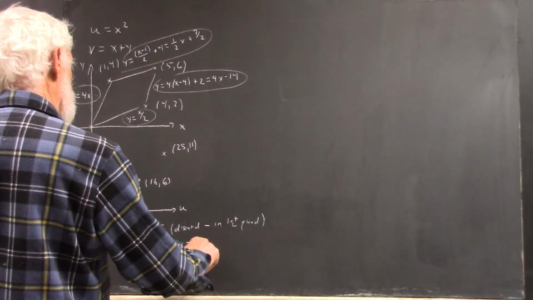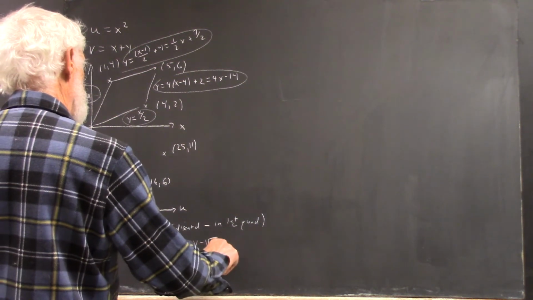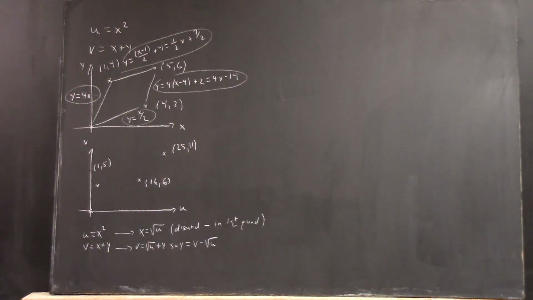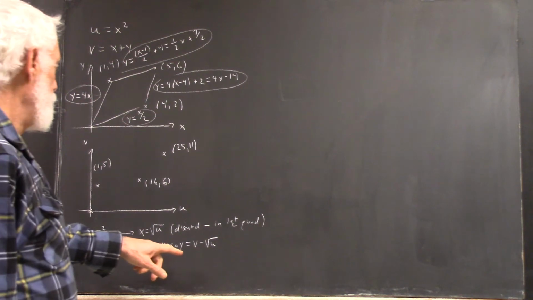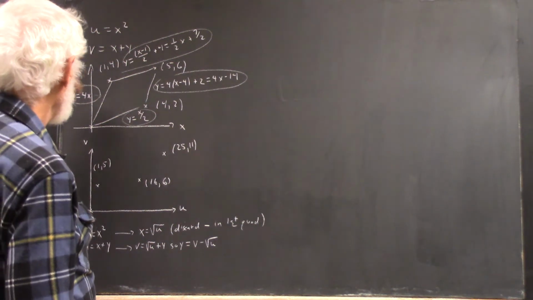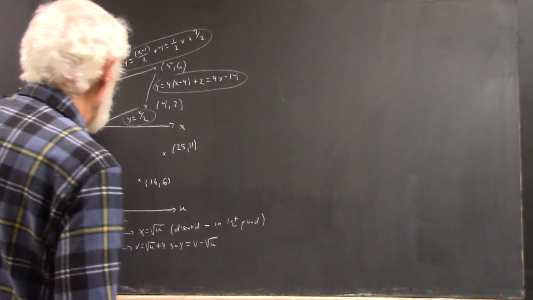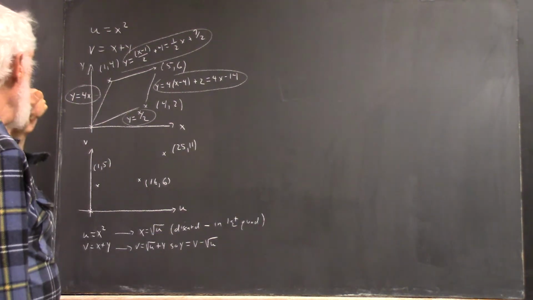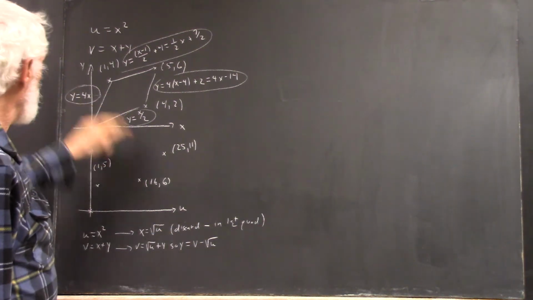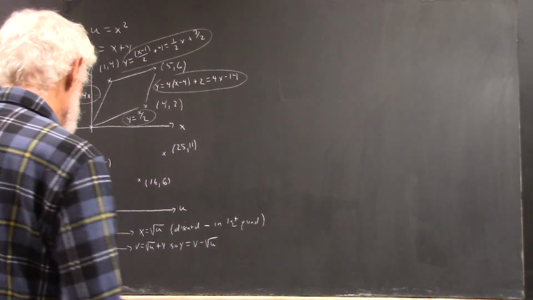So y equals v minus the square root of u. Now, if we have the equation y equals 4x, we can write v minus the square root of u equals 4 times the square root of u.